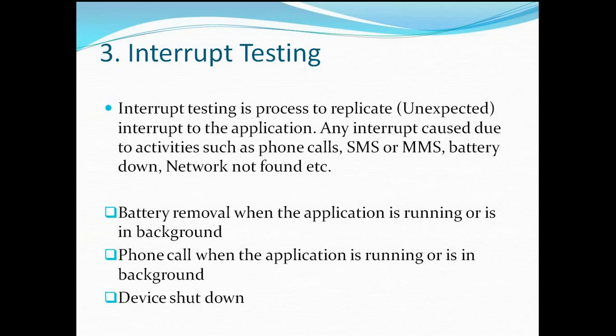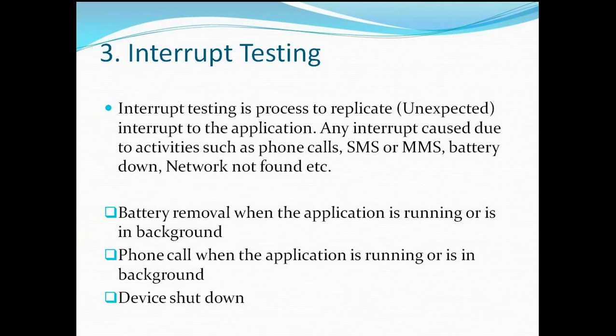We cannot expect those things. Those things we call interrupt testing: interruption, disturbance, unexpected things, and interrupts caused by activities such as phone calls, SMS, or MMS, battery down, network not found, like that.